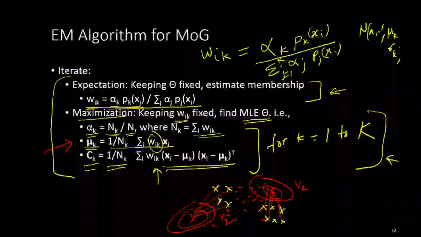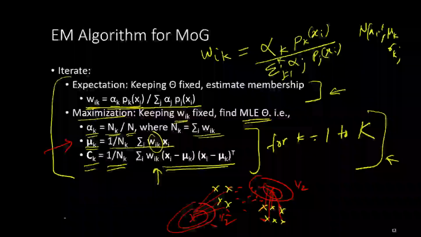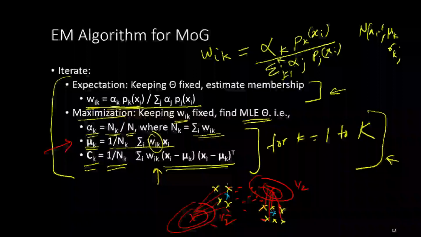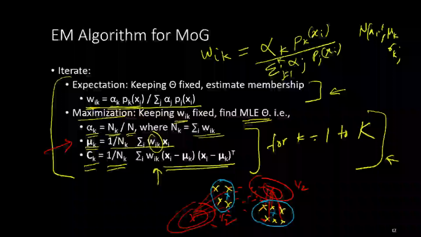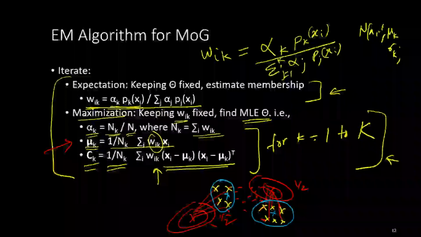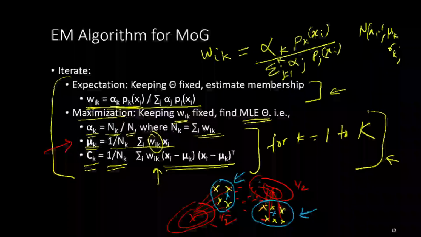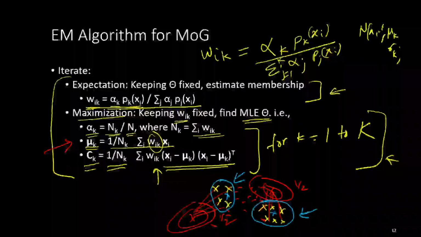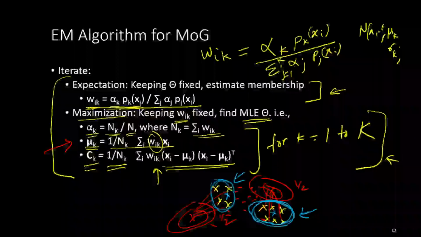So hopefully in the next iteration, the mu1 will shift here and the mu2 will shift here, and the relative number of points in the vicinity will also change the alpha k. So the alpha of this will become larger because it is explaining more points, the alpha of this will become smaller because it is explaining fewer points, and the ck, or the covariance matrix, will also tilt.